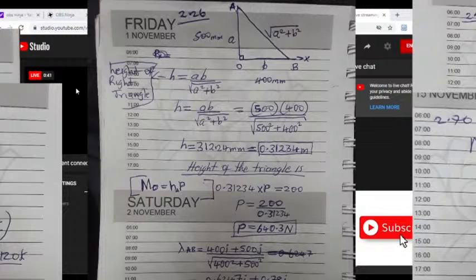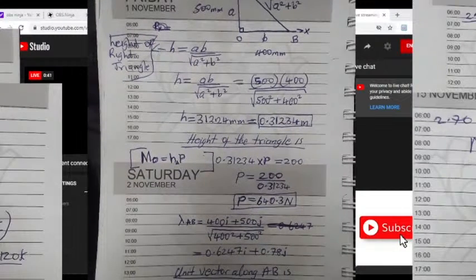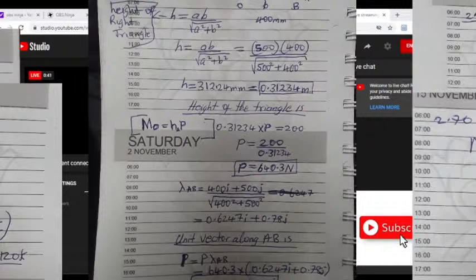Then we have to find the height of the triangle. I wish I could write, but I'm using a laptop, so I can just move things here.